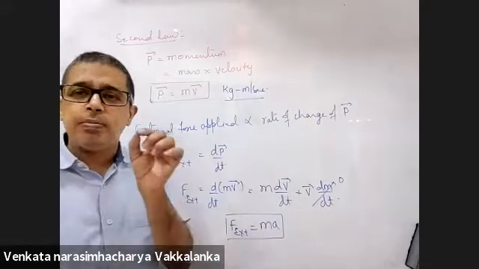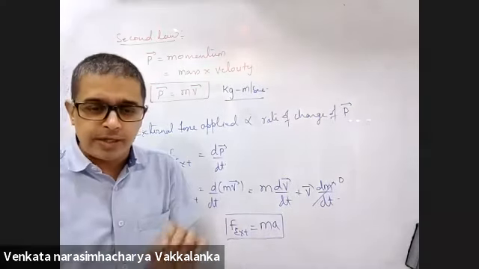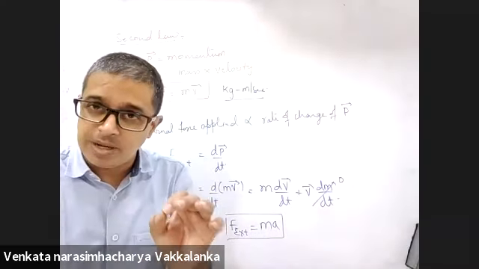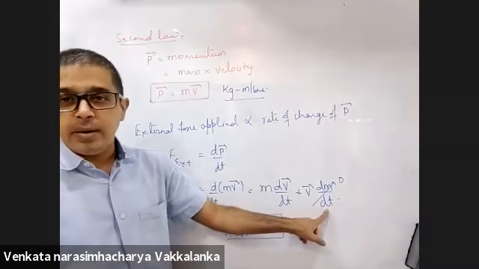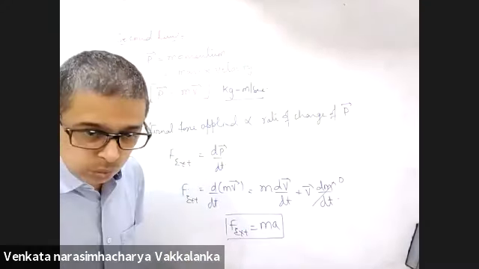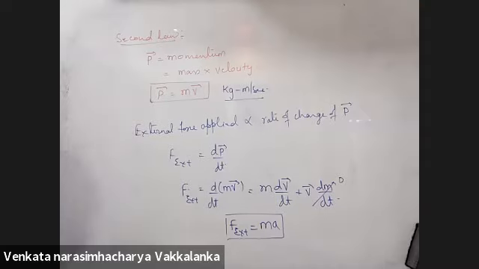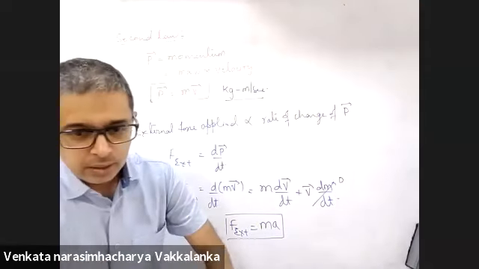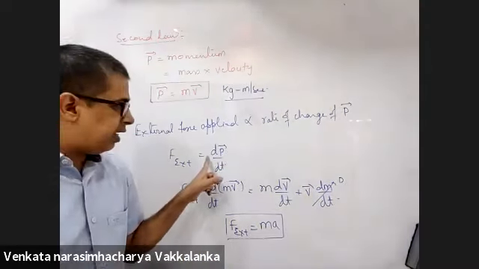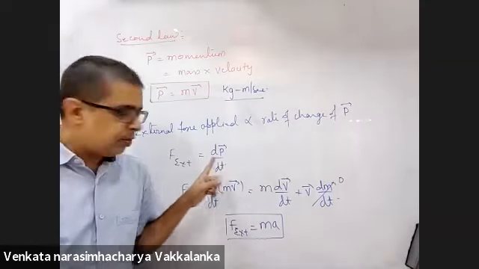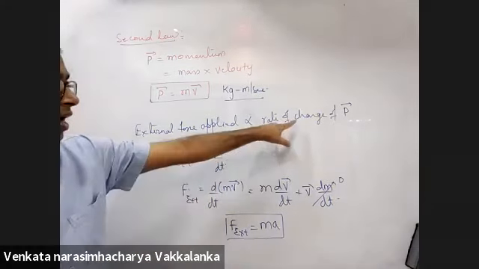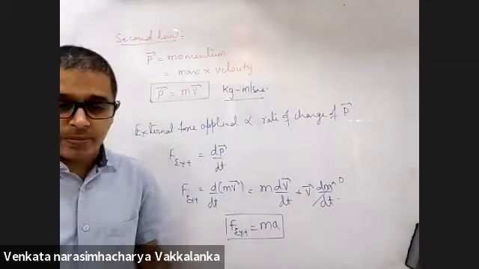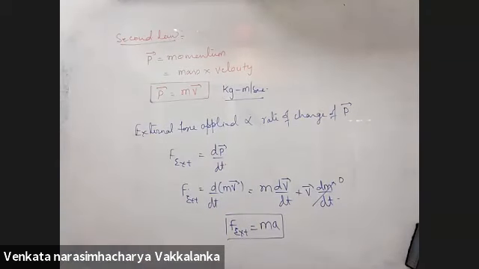Till then we will take particle objects or point objects, where the mass will remain constant. Hence dm by dt is 0. Take it down till here. Proportionality, I put it as 1. For rate of change of momentum, the proportionality constant is 1.